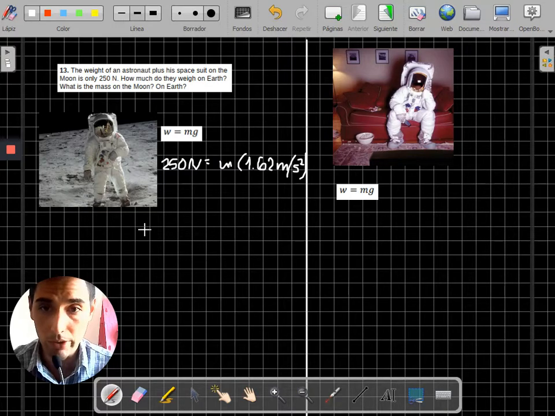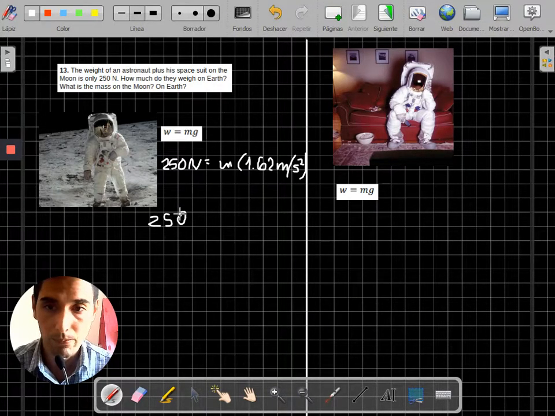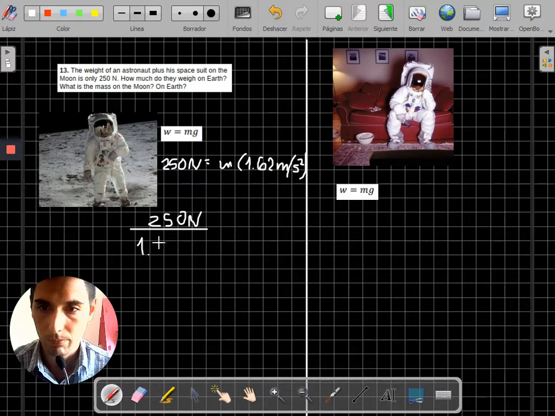The only thing that we have to do is isolate the unknown, the mass. So we will have 250 newtons divided by 1.62 meters per square second. Now, we have a problem here because the mass is measured in kilograms, and there are no kilograms there.